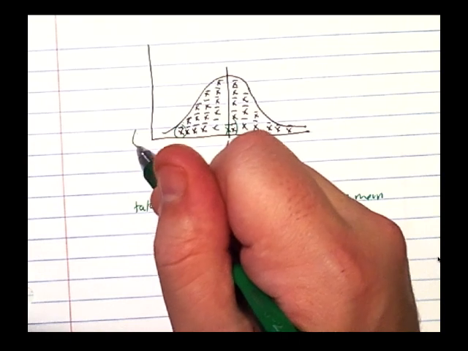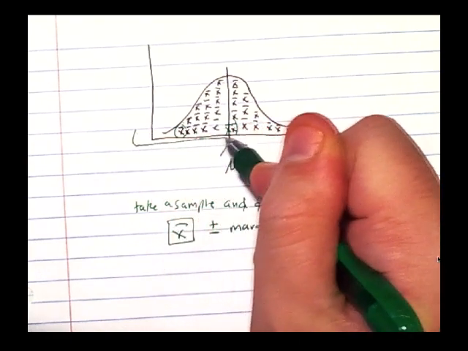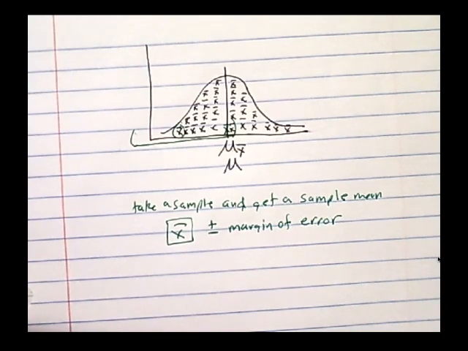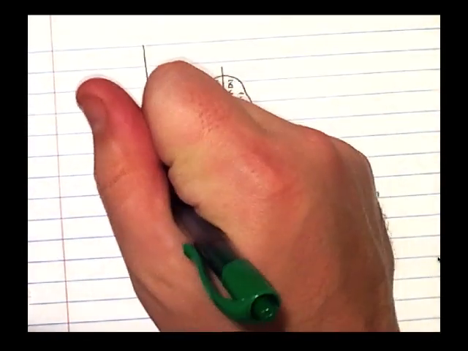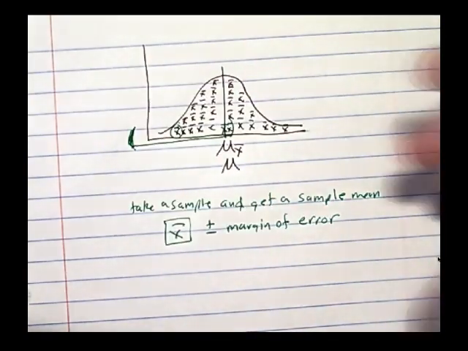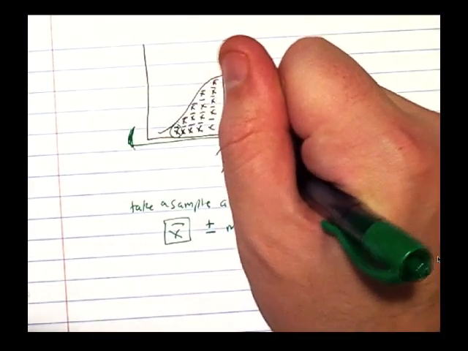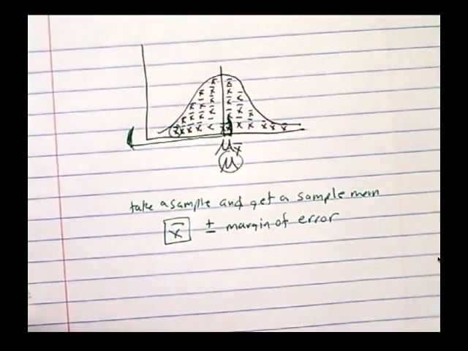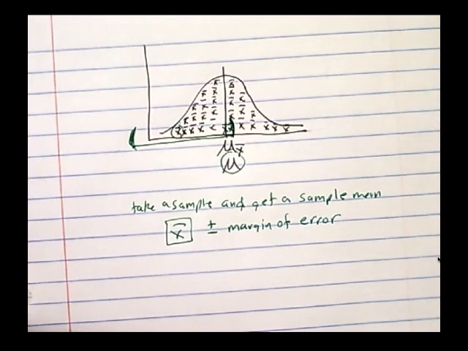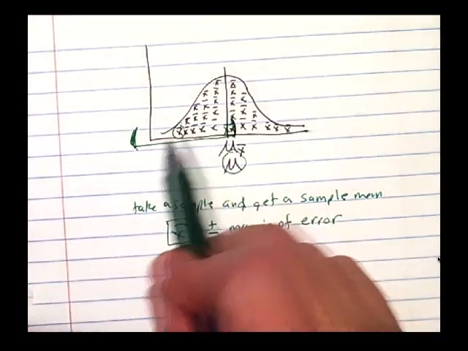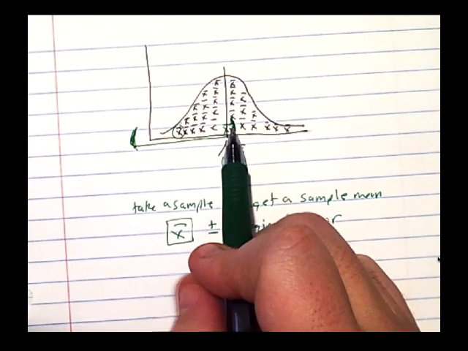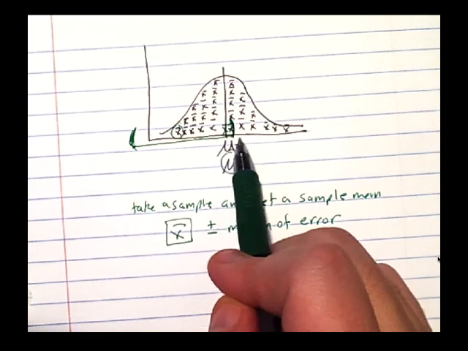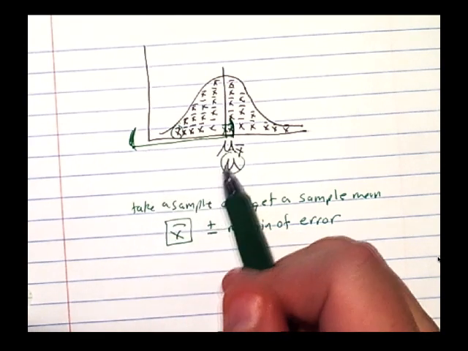And hopefully by going a little bit left and a little bit right, that gives me an interval where I feel pretty confident that somewhere between this lower number and this upper number, I'm going to capture the true population mean. If I go down a little bit and up a little bit, I'm pretty confident that somewhere in that interval, the true mean is going to fall.